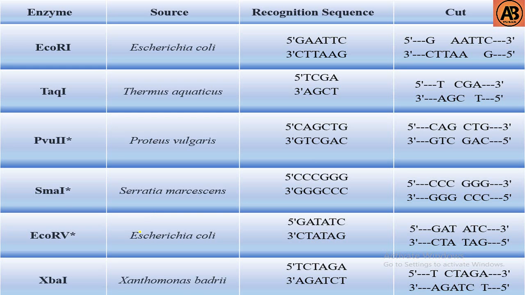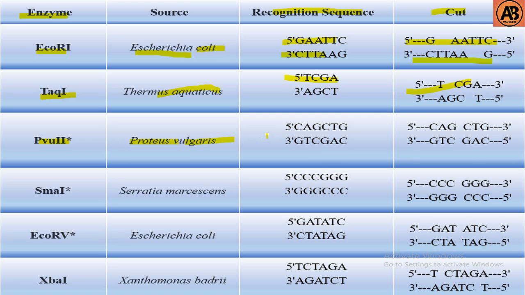Then here we can see some enzymes, their source, their recognition sequence, and the cut. First enzyme is EcoRI, from Escherichia coli, and the recognition sequence is 5' to 3', and the cut is 5' to 3'. Then TaqI, from Thermus aquaticus. Then PvuII, from Proteus vulgaris.